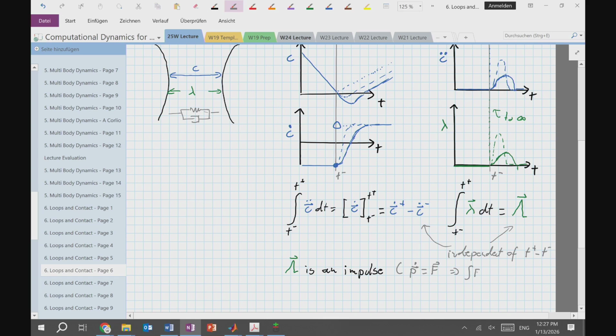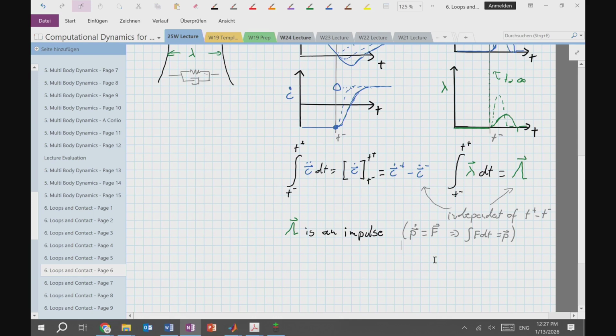So the integral over force is going to be an impulse, right? Has the same unit of Newton seconds. So this capital lambda is an impulse, and it's finite even if the forces lambda are infinite.